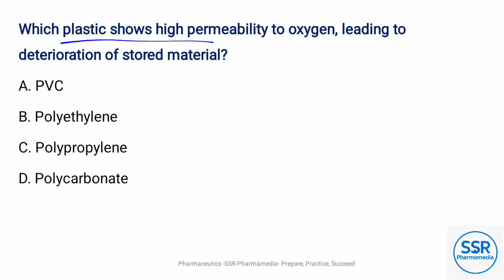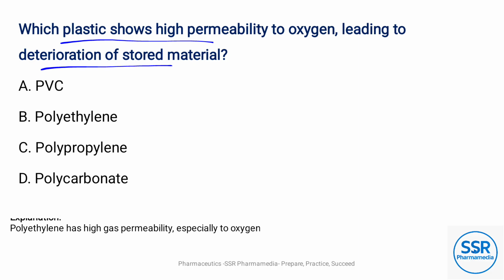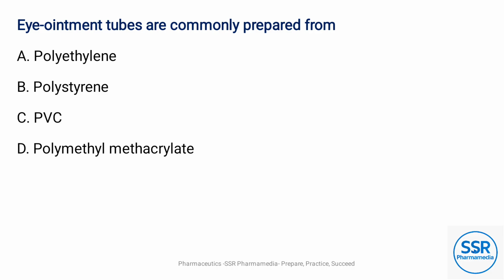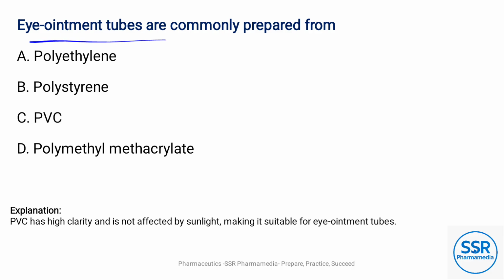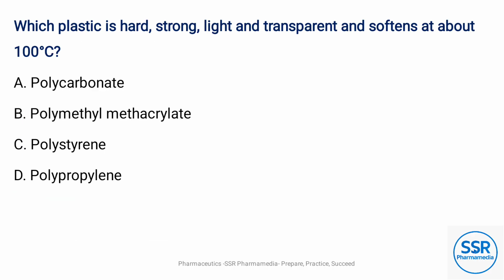Which plastic shows higher permeability to oxygen, leading to deterioration of stored material? So option B, polyethylene. Eye ointment tubes are commonly prepared from, so option C, PVC. PVC has high clarity and is not affected by sunlight, making it suitable for eye ointment tube preparations.